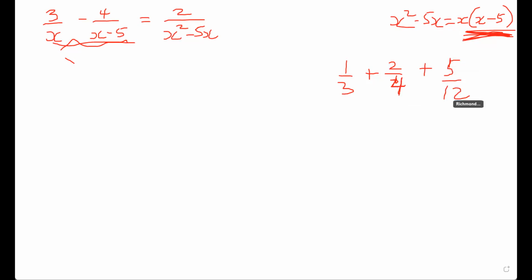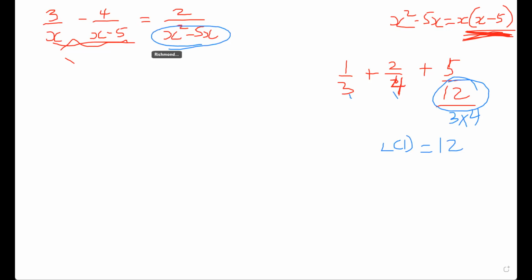Now I know that 12 is 3 times 4. So 3 is a factor of 12, 4 is a factor of 12. So the LCD is the biggest number, which is 12. So the same thing applies to this. Because I see x and then x minus 5 in this, that is going to be my LCD.